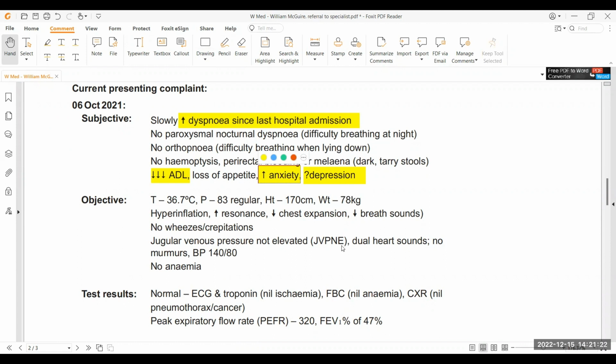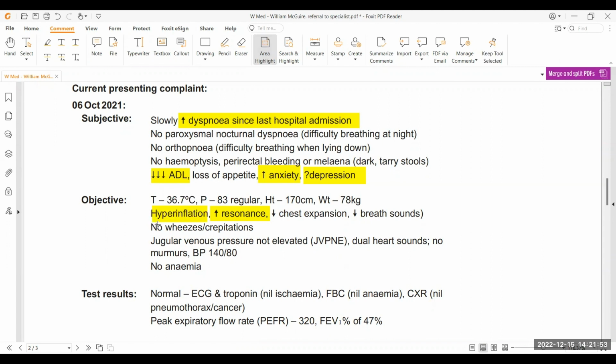What about your objective notes? What would be relevant here? Increased resonance. Hyperinflation. The same chest expansion as well. This one, no wheezes and crepitations.